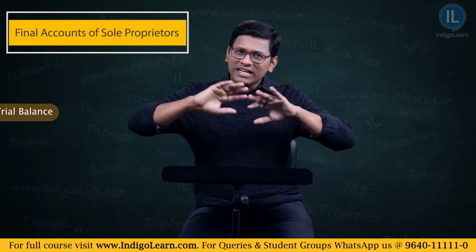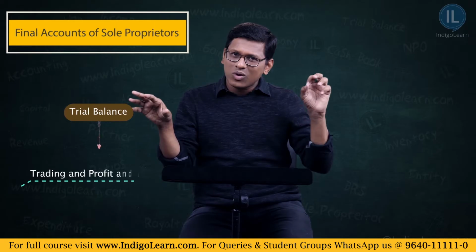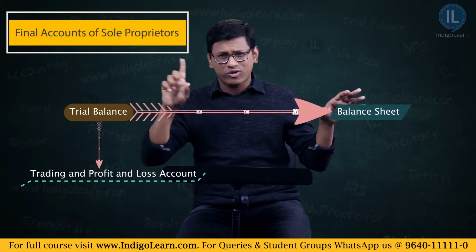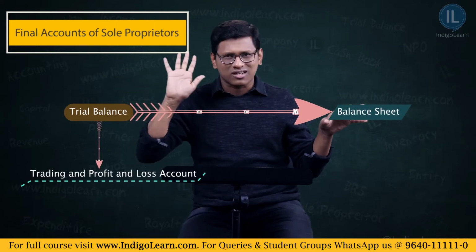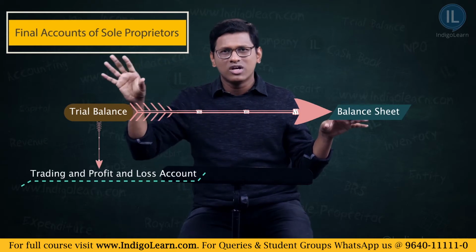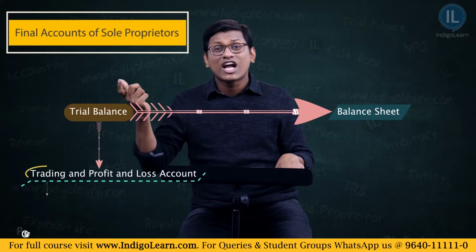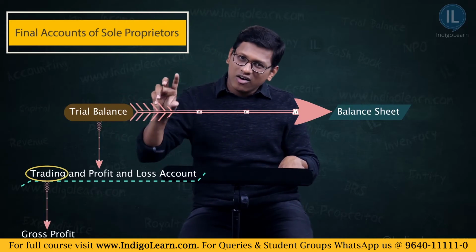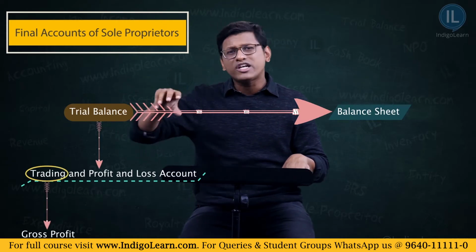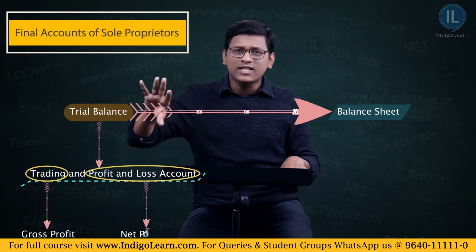Now, when I say P&L, of course, remember, trading and profit and loss account. The trading account gives us something called gross profit. The profit and loss account gives us something called net profit.